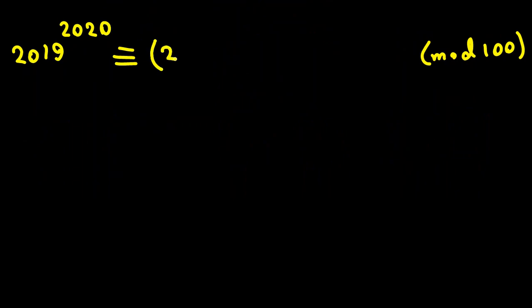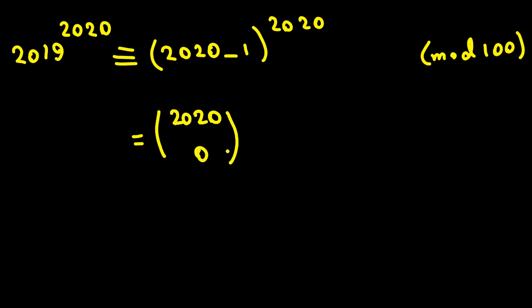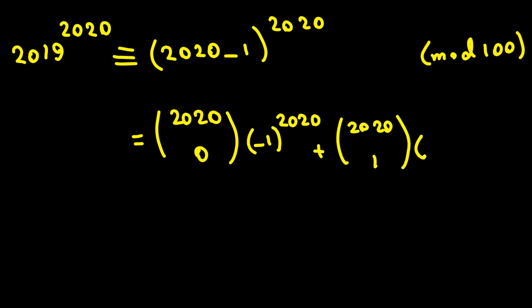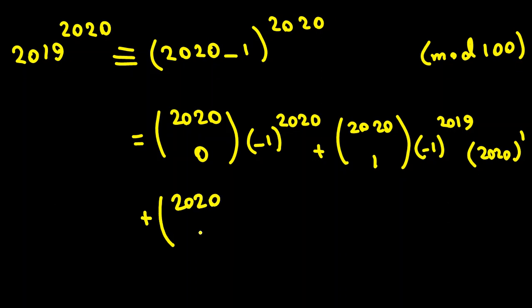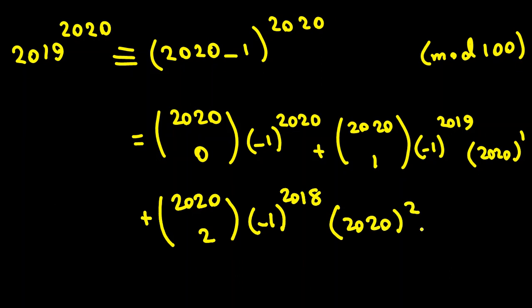I calculate this by binomial expansion, which I explained in the binomial expansion part. It is 2020 minus 1 to the power of 2020. The first term is 2020 choose 0 times negative 1 to the power of 2020, plus 2020 choose 1 times negative 1 to the power of 2019 times 2020 to the power of 1, and the next part will be 2020 choose 2 times negative 1 to the power of 2018 times 2020 to the power of 2, and so on.